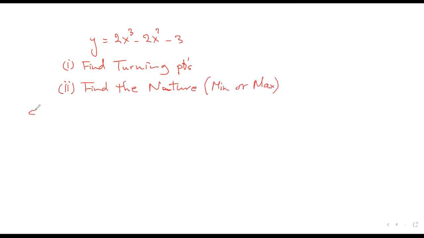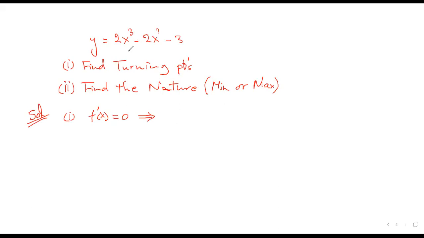Okay, so let's start solving part A. Find the turning points means the differentiation equals 0. Supposed to be, as you know, gradient equals 0. Let's differentiate this. So y prime, that's a differentiation.